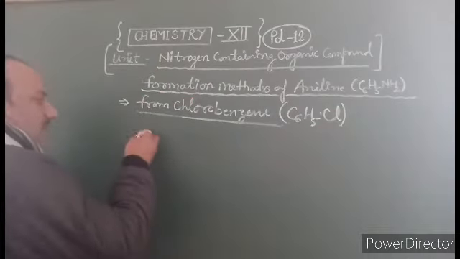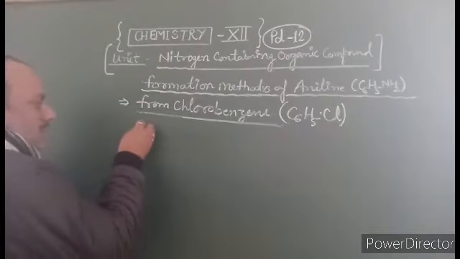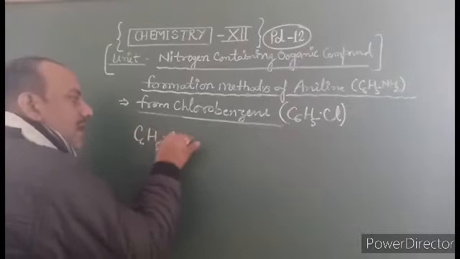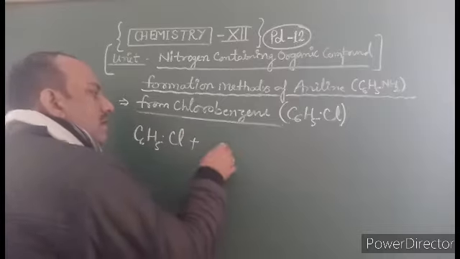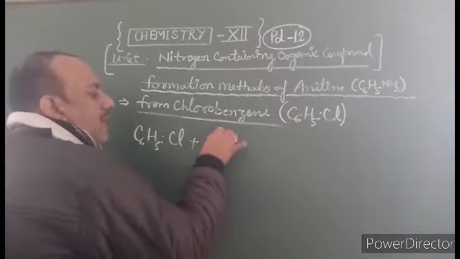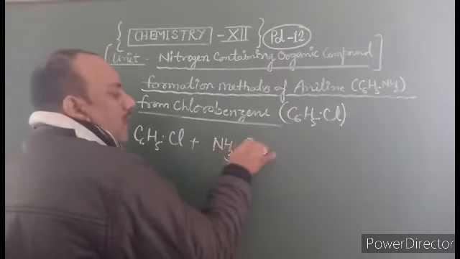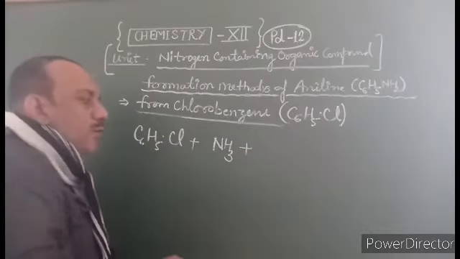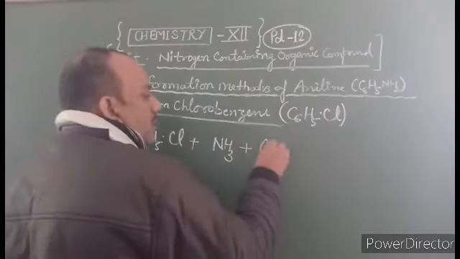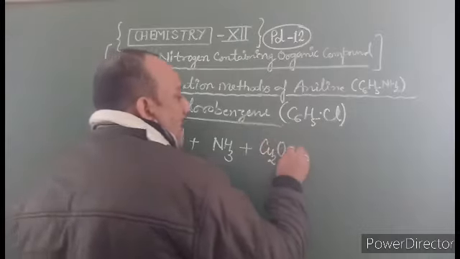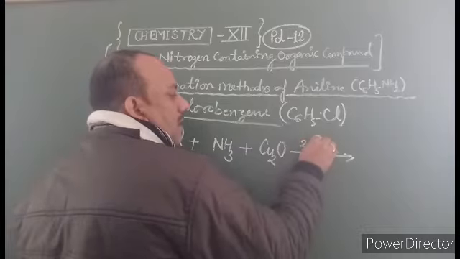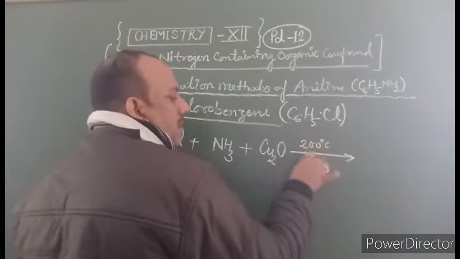It reacts with ammonia and cuprous oxide. C6H5Cl plus ammonia NH3 and cuprous oxide Cu2O at 200 degrees Celsius temperature and higher pressure.